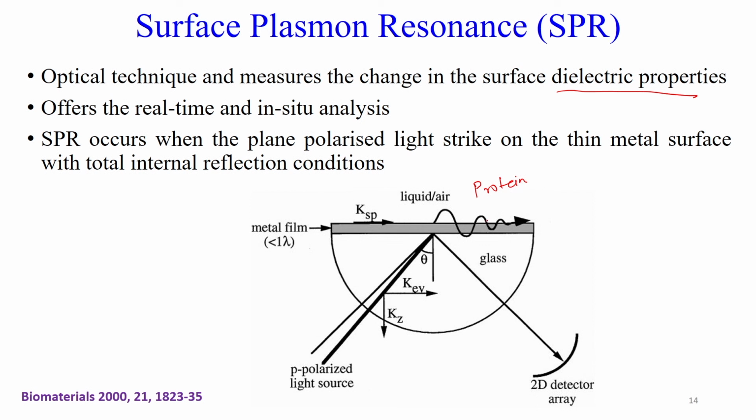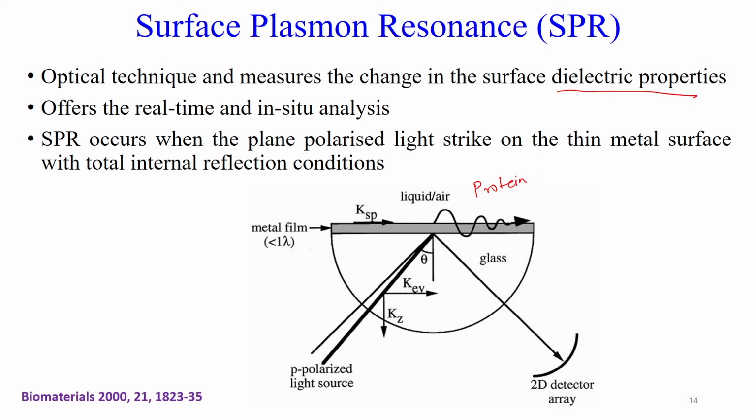So, at this top layer there is going to be some adsorption or interaction. When this polarized light source strikes the thin metal surface, then we will observe the surface plasmon.